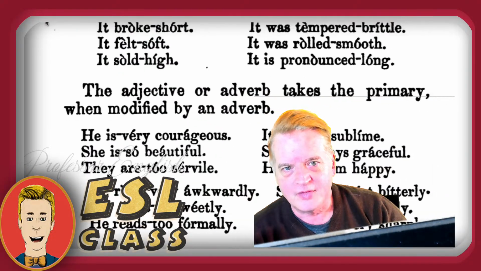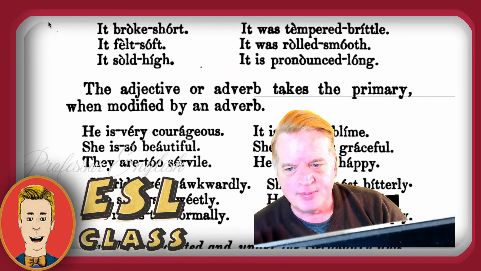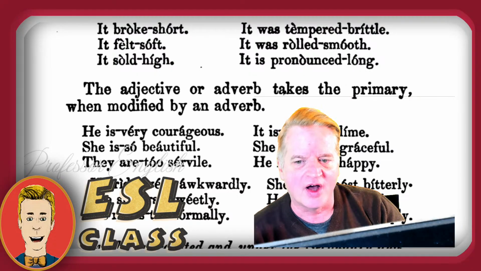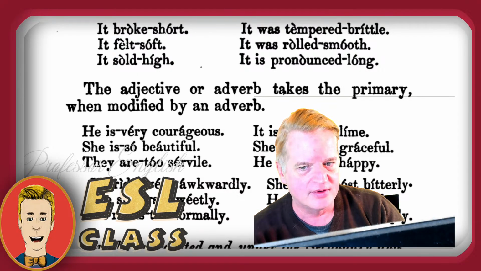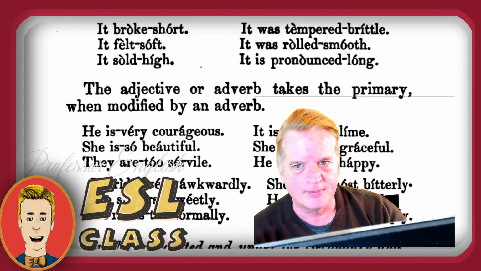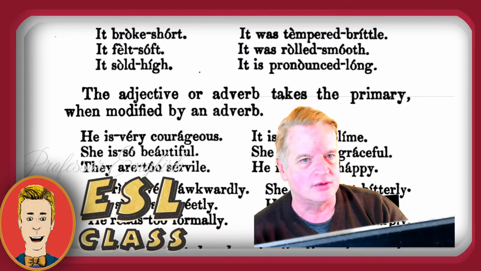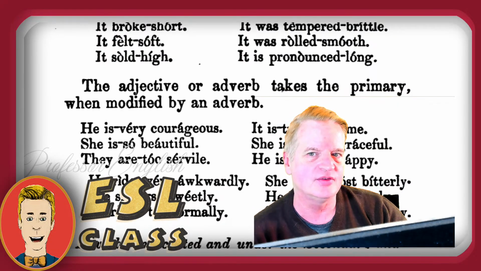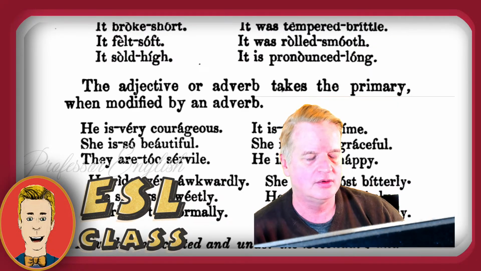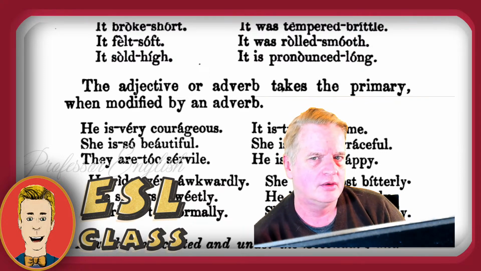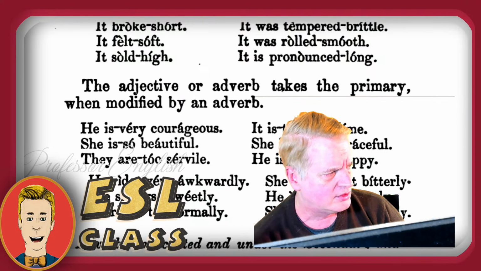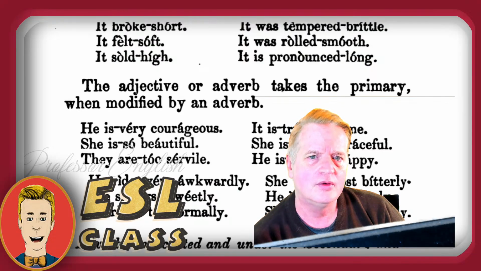Okay. All right. PP says, can you repeat the? So you just want me to repeat the word the? Is that what you're asking, or is there something else about that? Okay. So it was tempered brittle, and what is the next one? It felt soft.